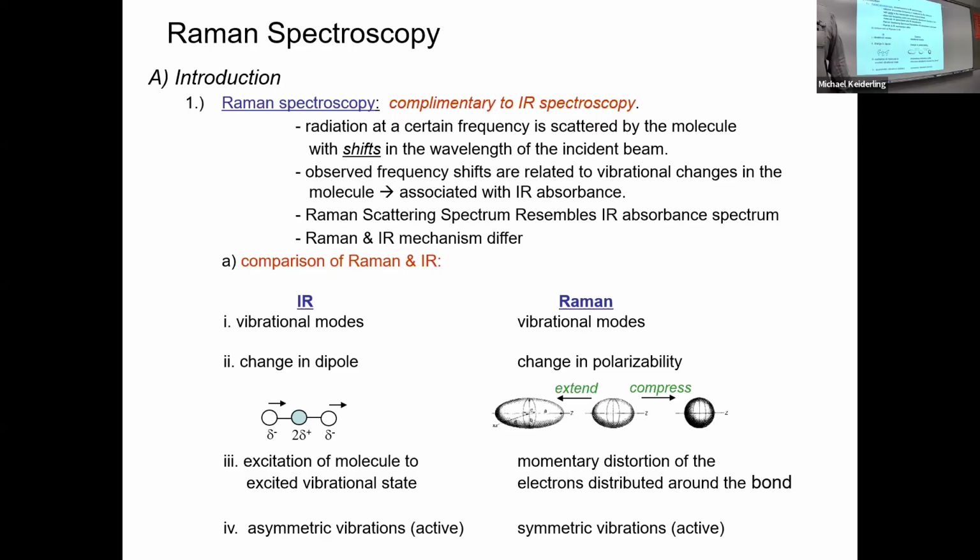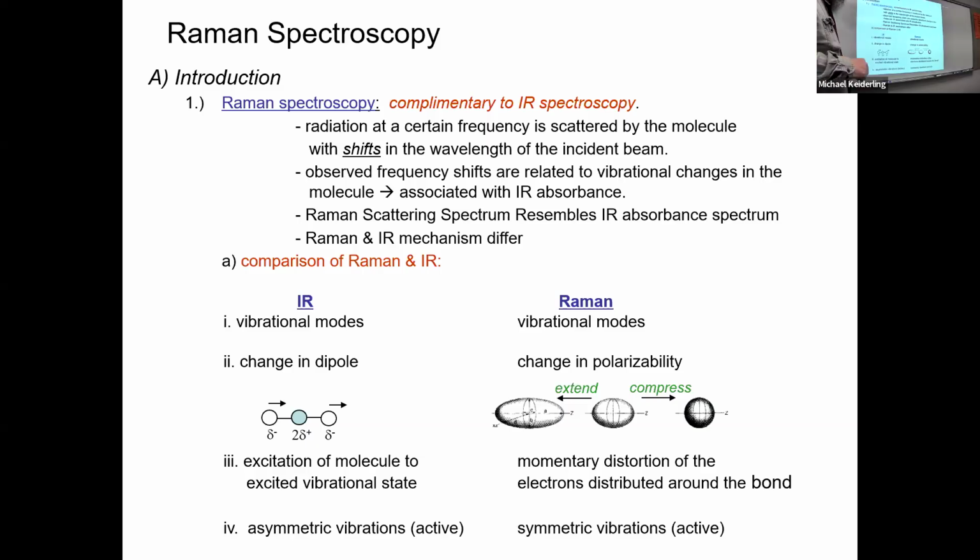So the Raman scattering spectrum resembles the IR absorption spectrum, but the Raman and IR mechanisms differ. They both look at vibrational modes, so they're both sampling from the same set of frequencies, but IR looks at a change in dipole, while Raman looks at a change in polarizability.